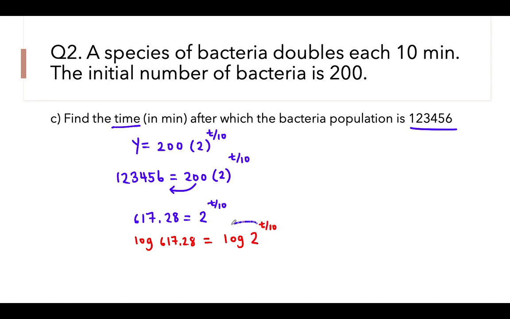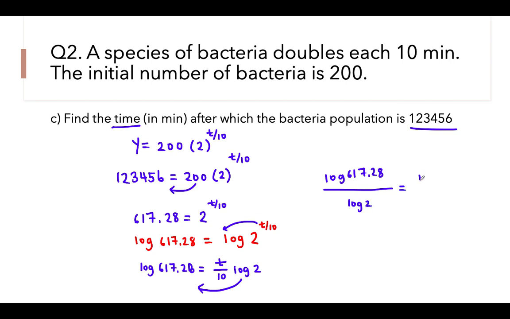I'm going to bring the exponent to the front: log 617.28 equals t over 10 times log 2. Then I'm going to move log 2 to the other side, so it's going to be log 617.28 over log 2 equals t over 10.